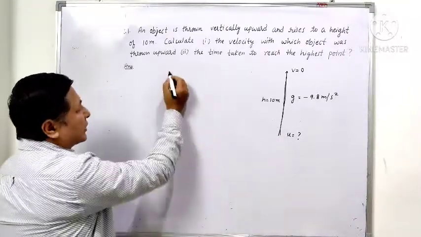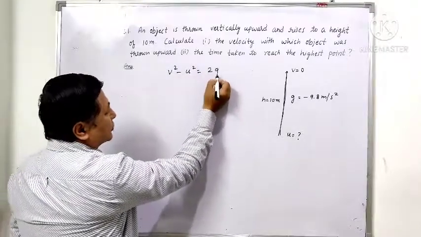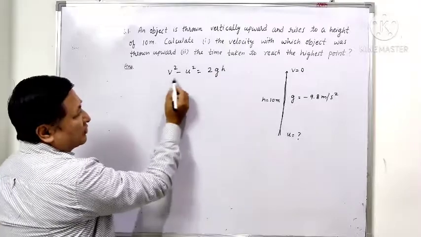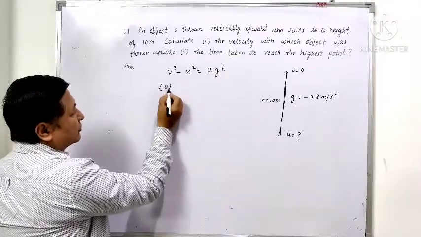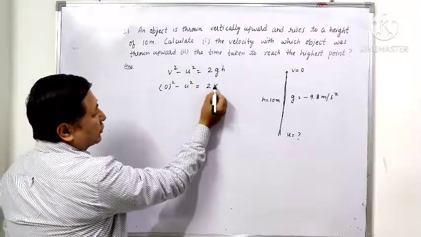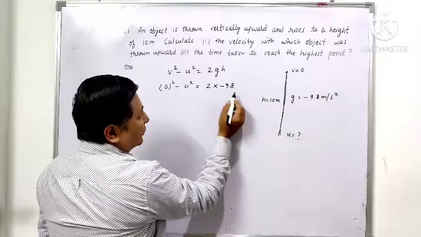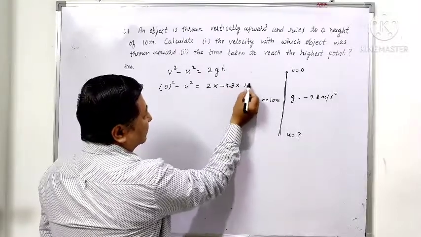Now we will use the third equation of motion. V square minus u square is equal to 2gh. Final velocity is given in the question, that is 0. Initial velocity you have to calculate. 2 into minus 9.8 into height 10.